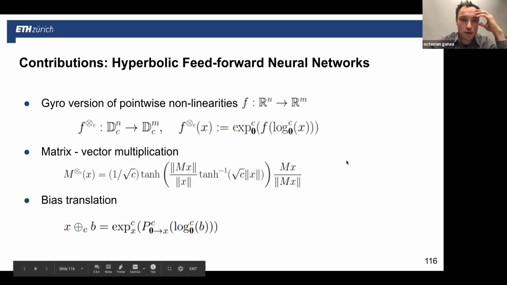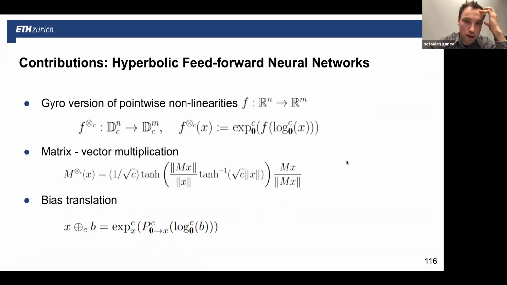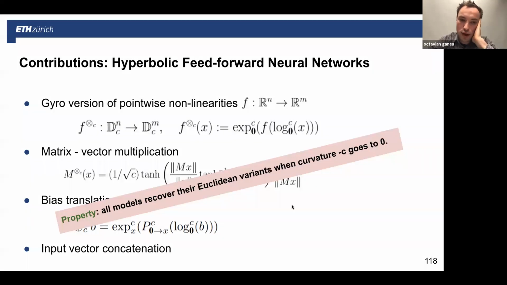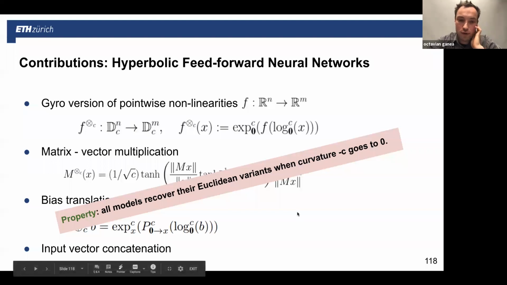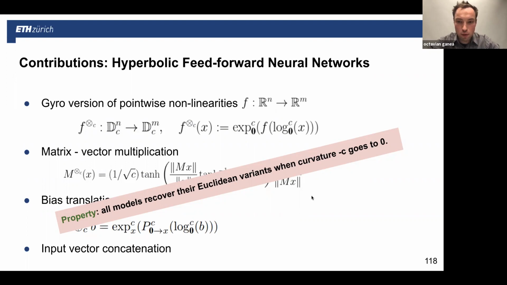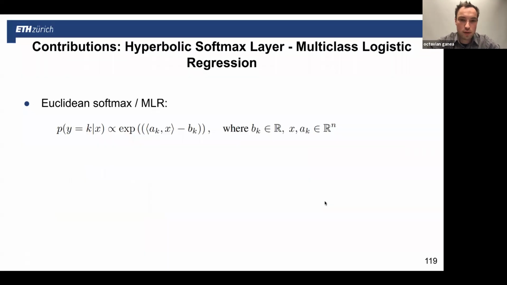So all of these operations are now enough to define feed-forward neural networks. And of course, we can also do vector concatenation. It's just a simple generalization. Again, all models recover their Euclidean neural networks as you know them when the curvature goes to 0, so when the space is deformed to Euclidean space.